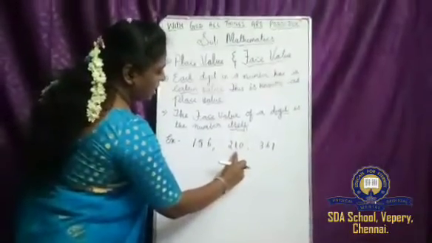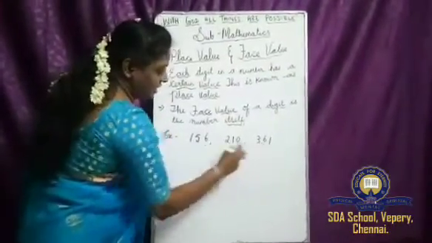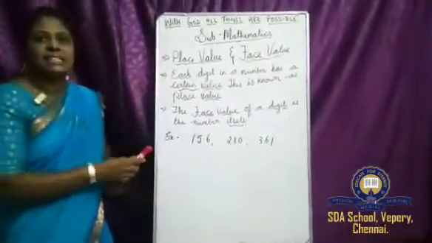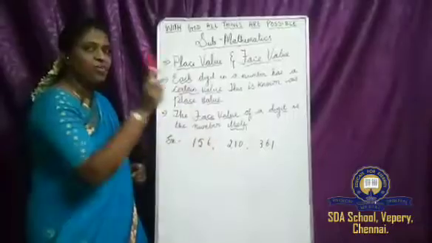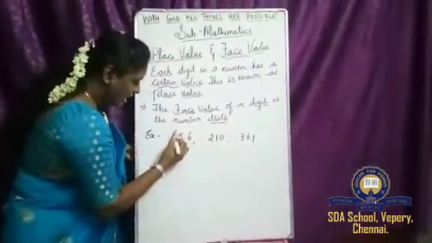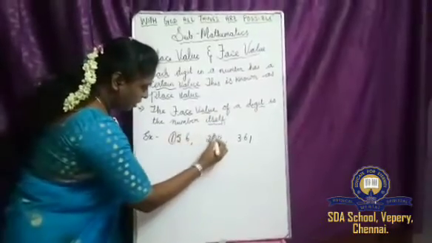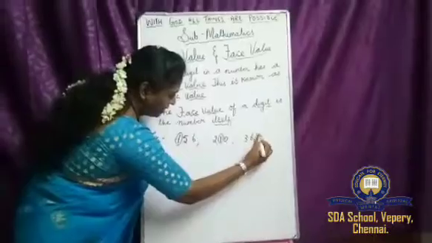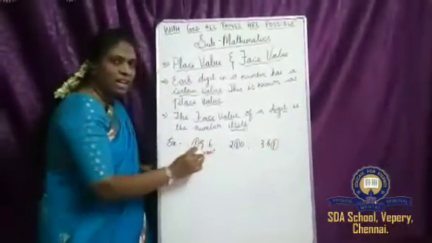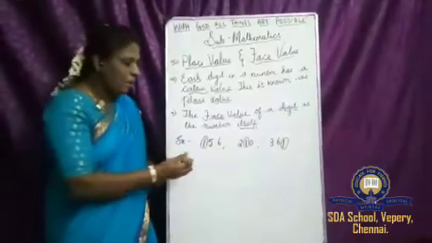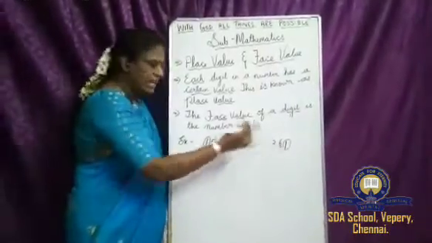Here, let us see the place values of 1 in each number. I'll circle each digit 1 in the numbers. Now let us see the place value of these numbers.